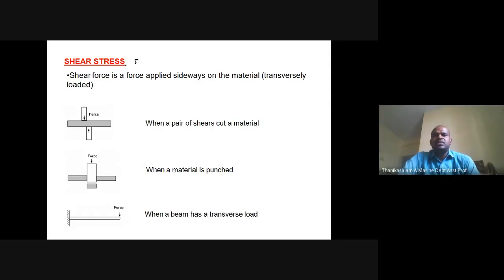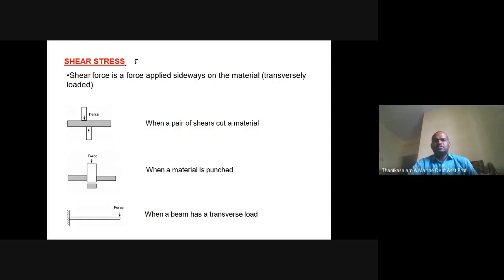These two are direct stresses because we can see visually, based on the load, whether it is a compressive load or a tensile load. But shear stress, we can't directly see the load acting on the body. Shear stress we can call an indirect stress.